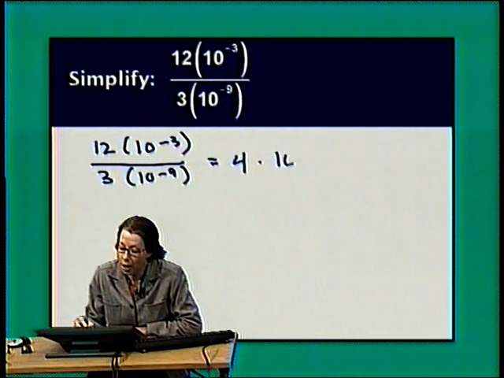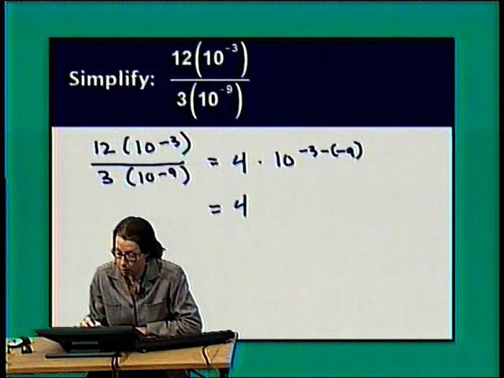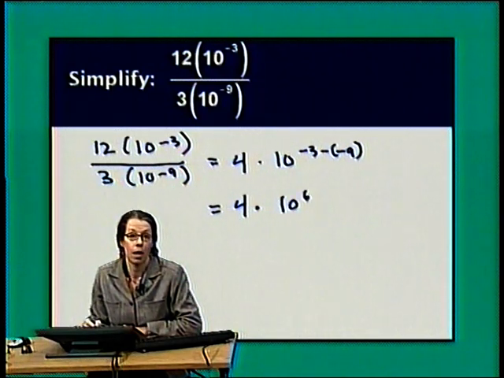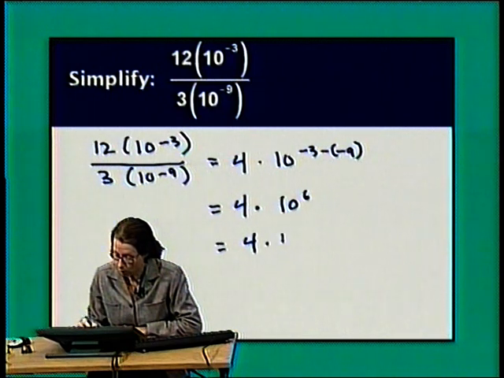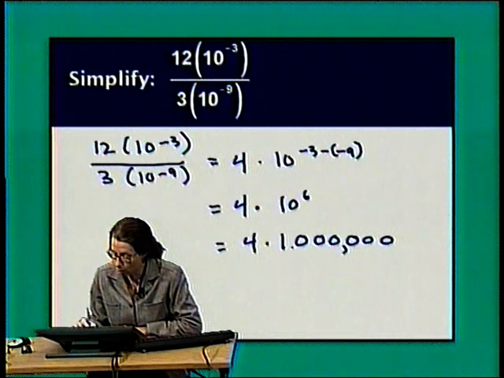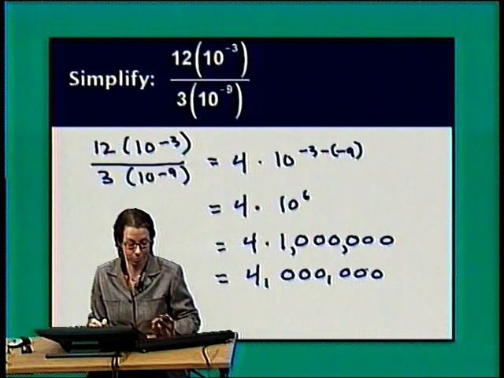And when I subtract the exponents on the powers of 10, I end up with 4 times 10 to the 6th. And 10 to the 6th, well, that's 1 with 6 zeros after it. So this is just 4 million.